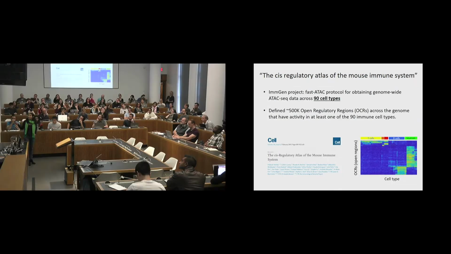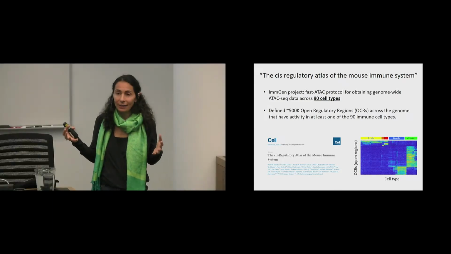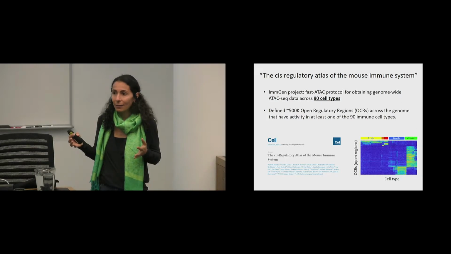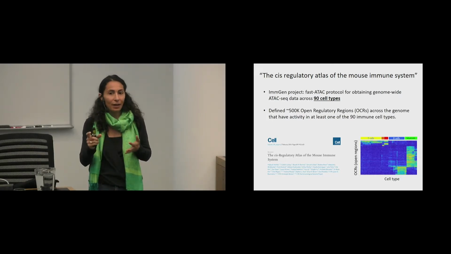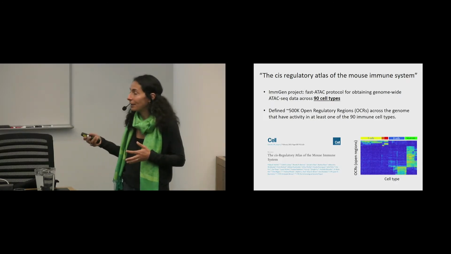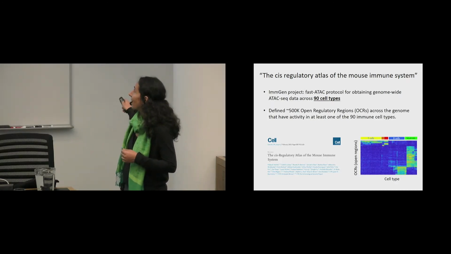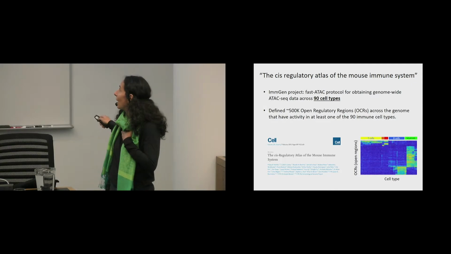To be more precise, the data that goes into this is from the ImmGen project. Looking at all these 90 different cell types, we've come up with 500,000 OCRs, or short DNA segments, and for each one, we have an activity profile across all these 90 cell populations. This is a bird's eye view of what the data look like.